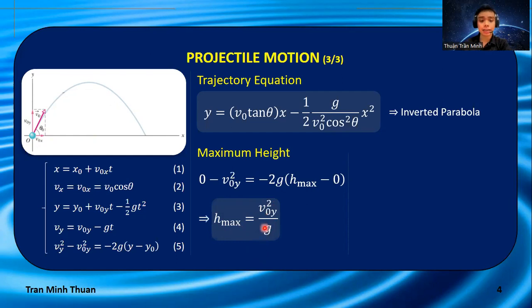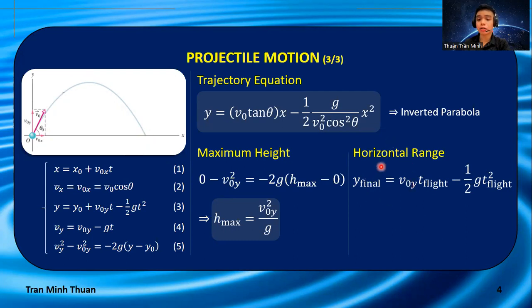And finally, the horizontal range. To find the horizontal range that the object travels, first we use equation 3 with y being the height of the final point.